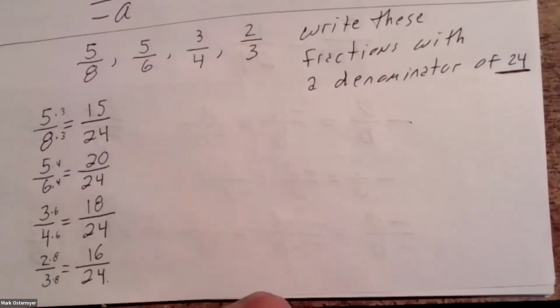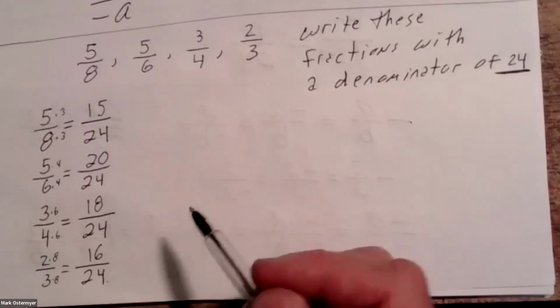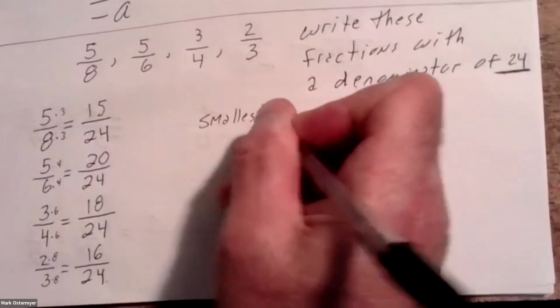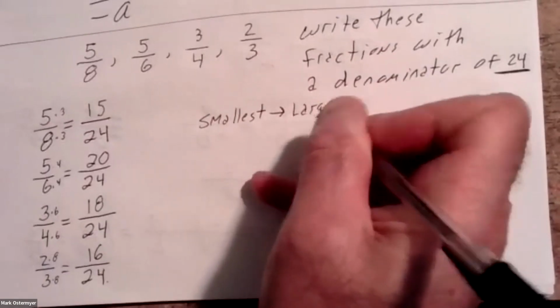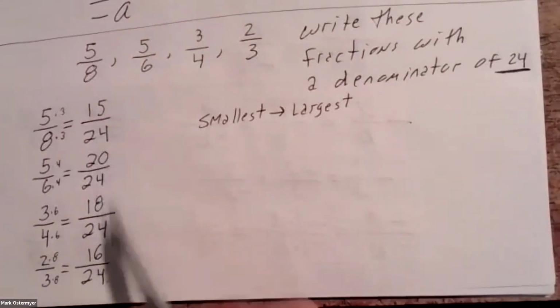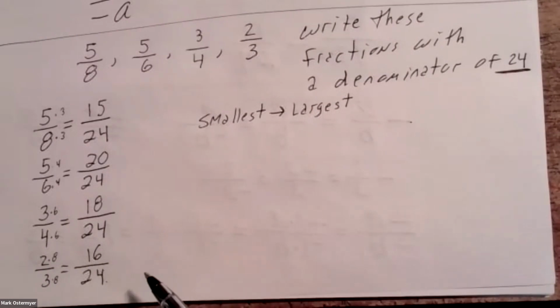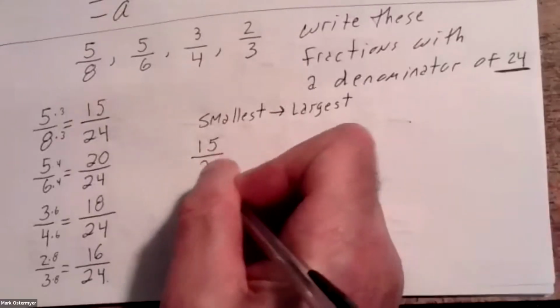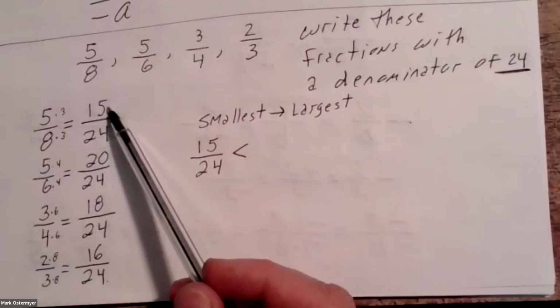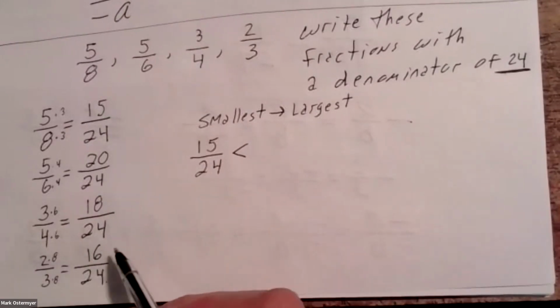Now that we have a common denominator, we can easily compare the numerators for relative size. So if I want to label these from smallest to largest, left to right on my paper, what numerator is the smallest of all these numerators? The first one, the 15 24ths. Do you agree? So 15 24ths is less than, what's the next larger numerator after 15? It would be 16 24ths, right?